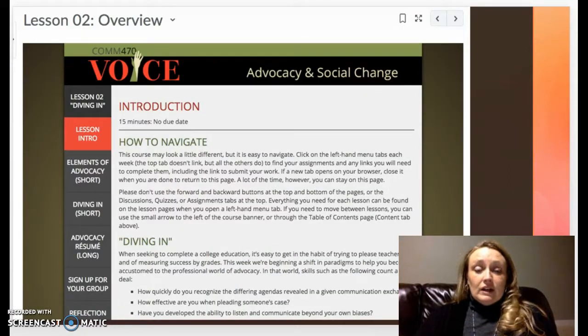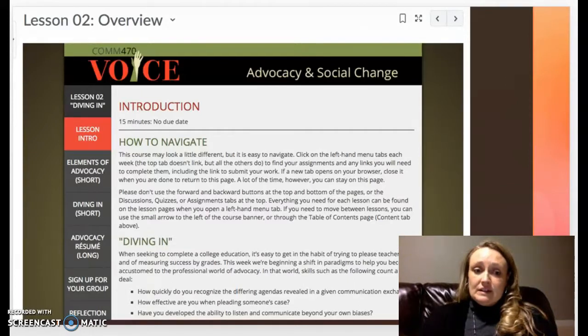As we look at the overview page for this week, make sure that you're looking at your due dates. They're also on the calendar, and I will be sending it out in the announcements as well. So you will have your short assignment, the elements of advocacy, the diving in short assignment.